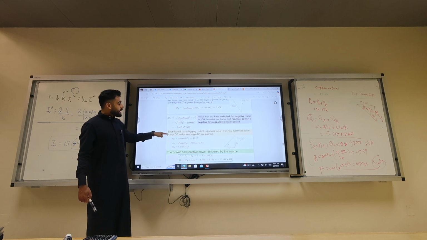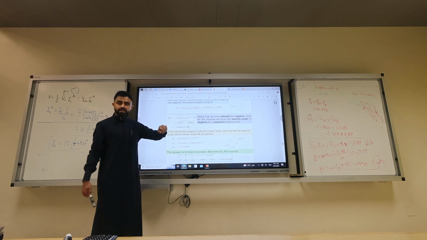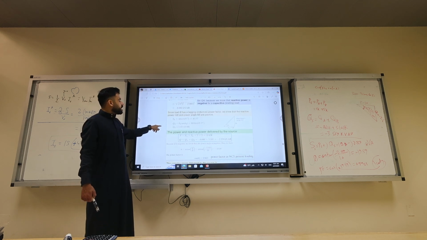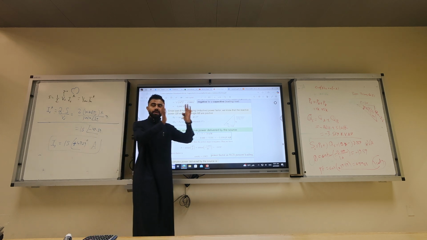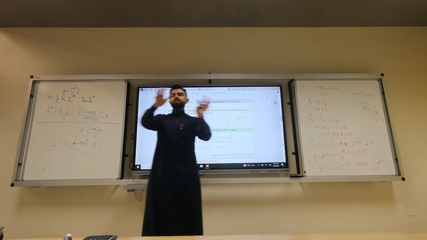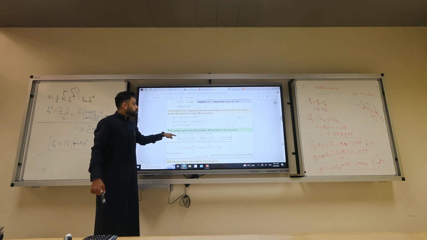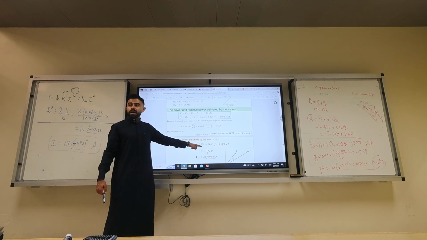Then I calculated theta, which is arc cosine of 0.7, which is 45 degrees for the second triangle, and it's heads up, so it's a positive angle. Then I calculated its Q. Then I combined the P of A and B plus Q, A and B. And now I got the total complex power, which is 10 minus J times 3.559.